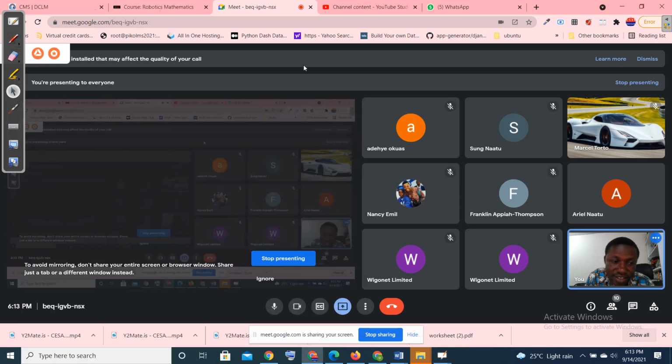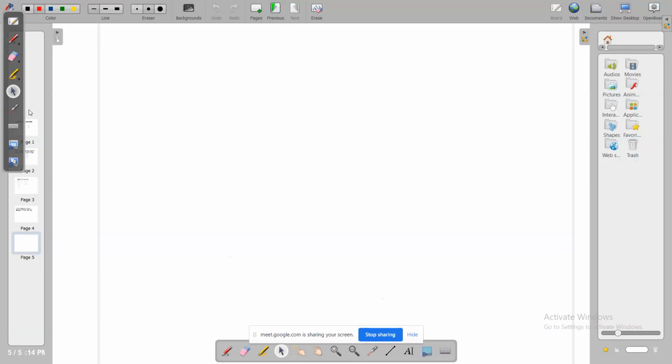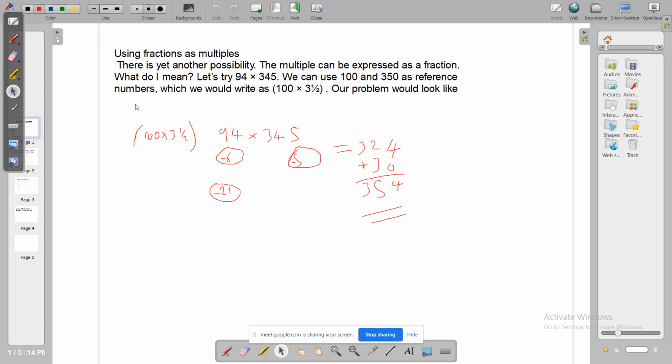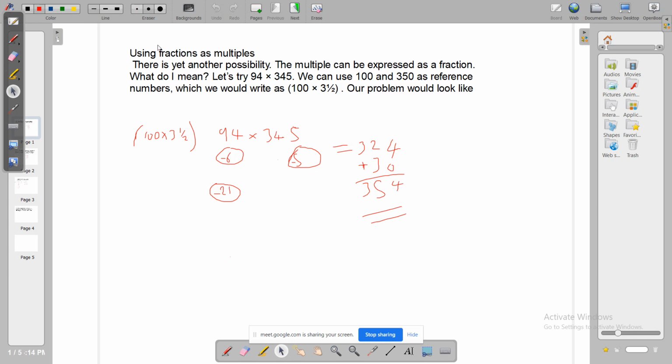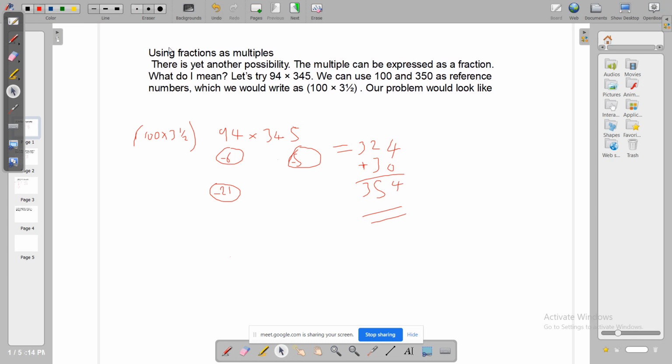Okay, so let's continue. Yesterday we were trying to solve a question, but since you couldn't do it, let's continue from here. Our topic for today is using fractions as multiples.